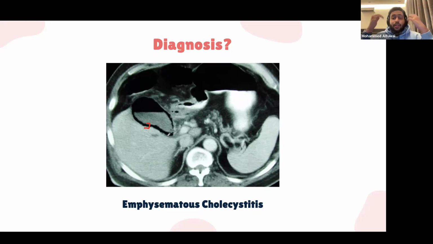Cholecystitis, no, you're going to need to do something with this patient. So the first thing you do in management is stabilize the patient. It's the same thing as we discussed in small bowel obstruction, the same thing that we're going to discuss in pancreatitis.